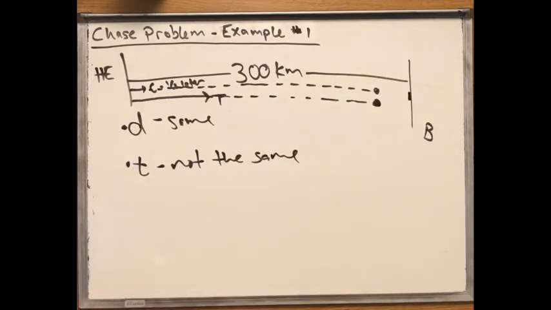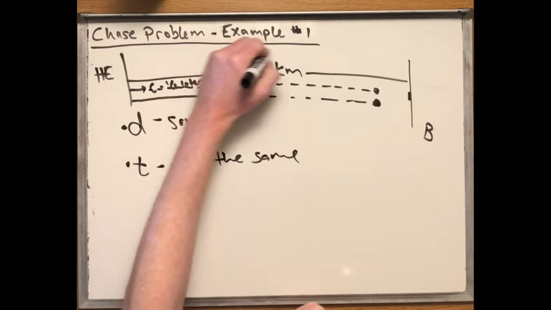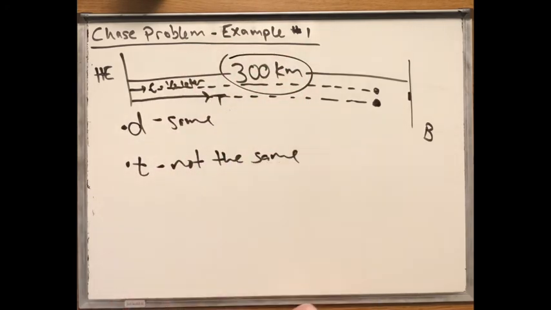Like right when they get to the border, they're just about to cross and then bang, the cops get there. So when they say minimum average speed, essentially what they're asking you to do is assume that the distance traveled is 300 kilometers.